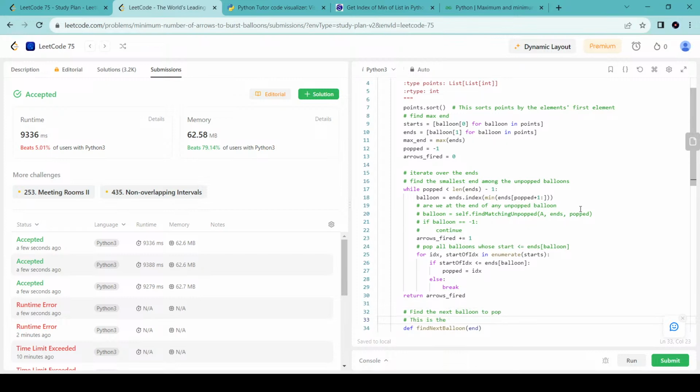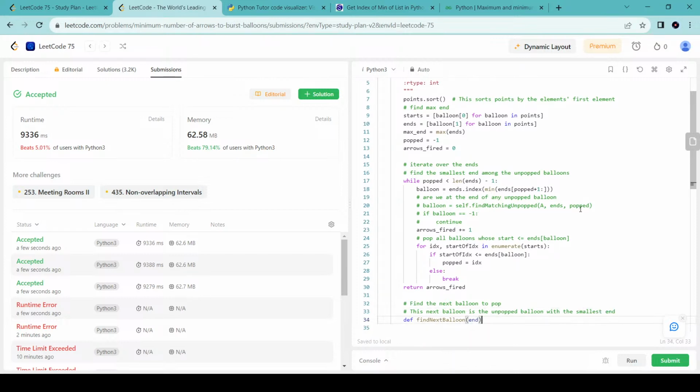The next balloon is the unpopped balloon with the smallest end. You need ends. You need popped. I think that's about it.